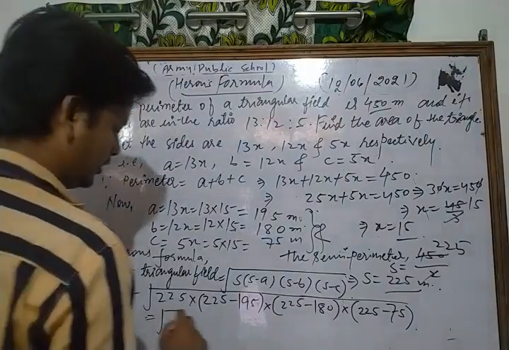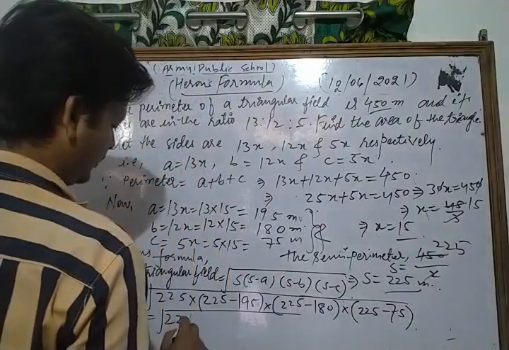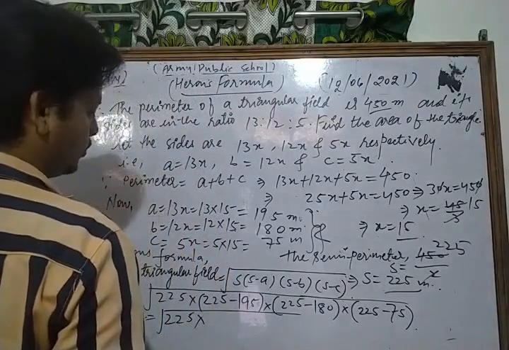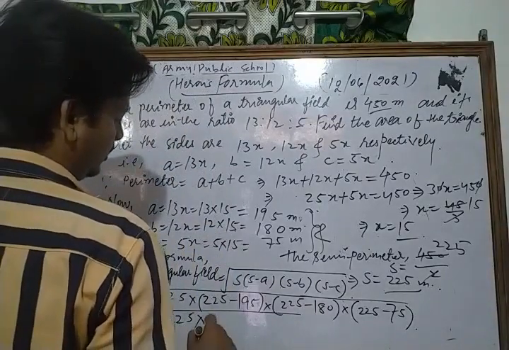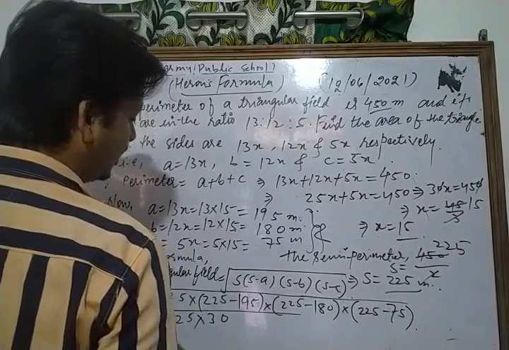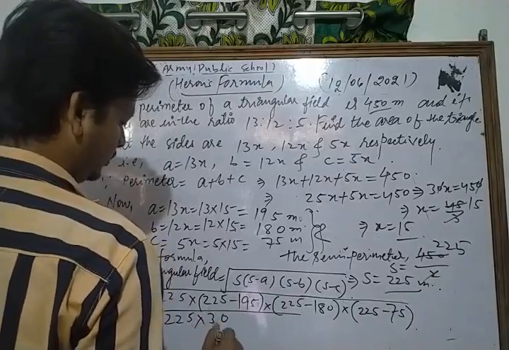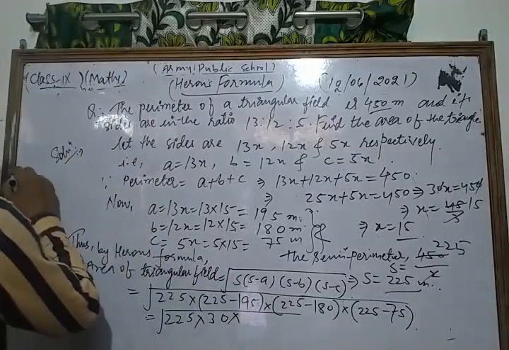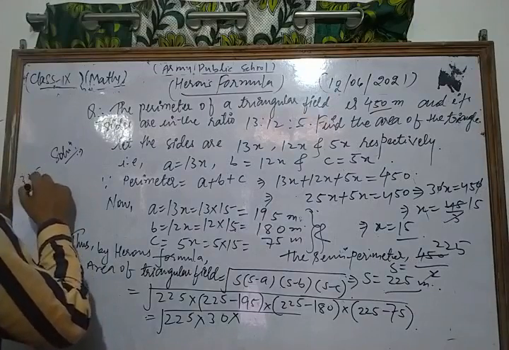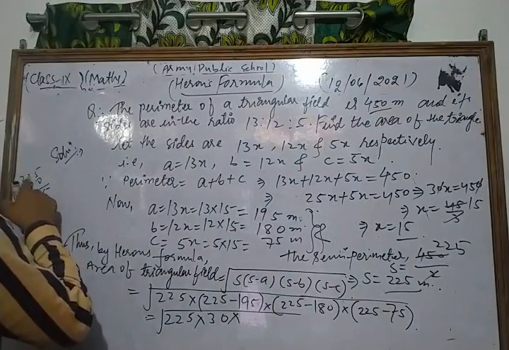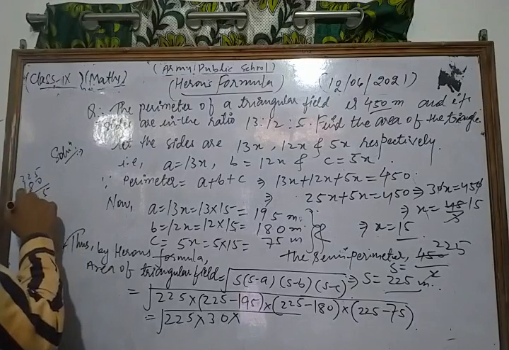So let's see, this is 225 into (225 minus 195, which is 30). This 30 is left. Okay, now 225 minus 180 is 45.